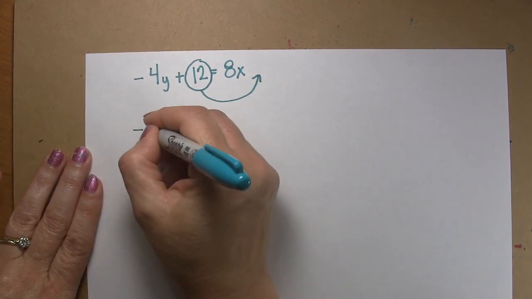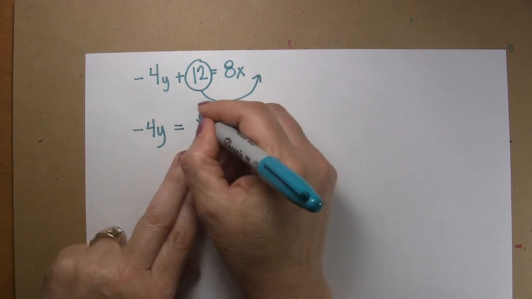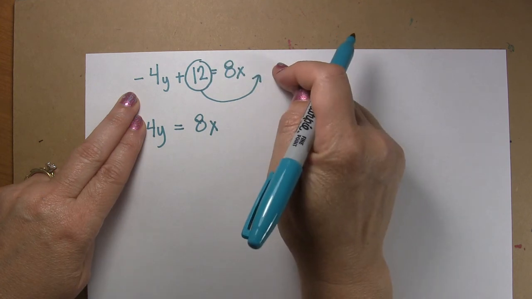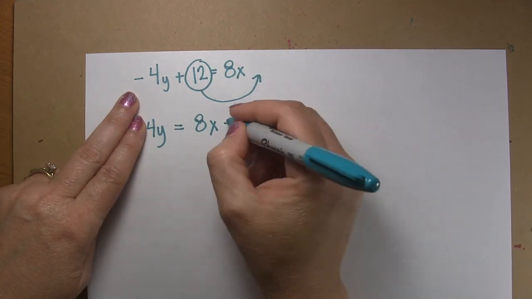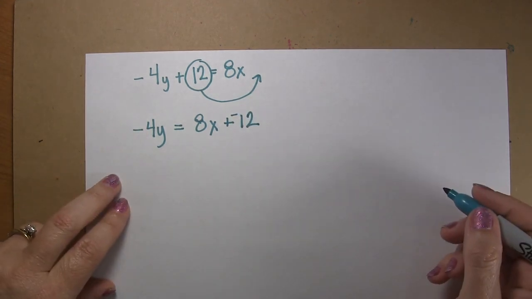So that's going to be negative 4y, that stays the same, equals 8x, so I haven't changed anything yet, but now since I'm moving this 12 over here, I have to make it a negative 12. You could do it like that if you want. If you want to do plus negative, that makes you happier, go right ahead.